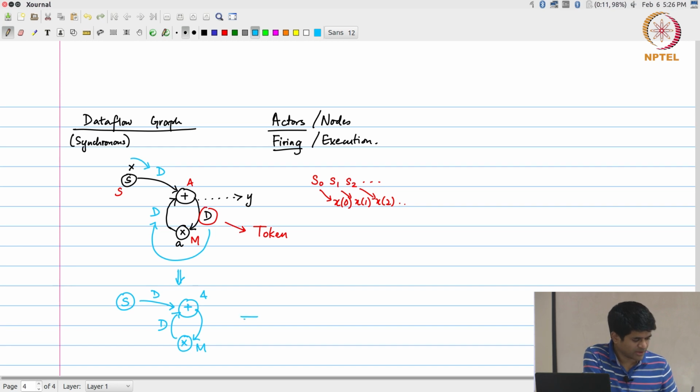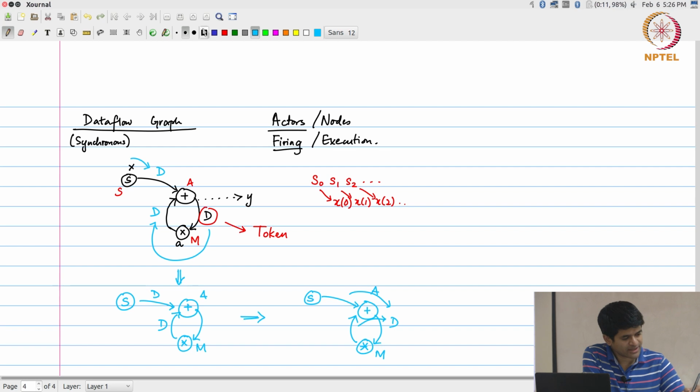Which basically means that I can then go from this to a next state where A fires. What happens when A fires? It consumes tokens from both of these inputs, and produces an output D over here.